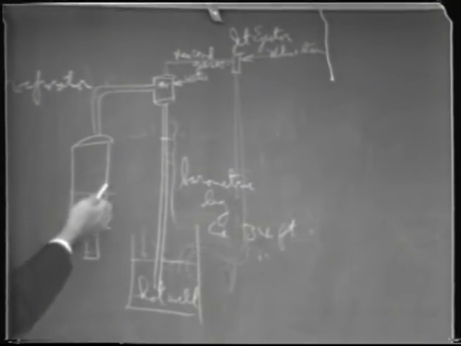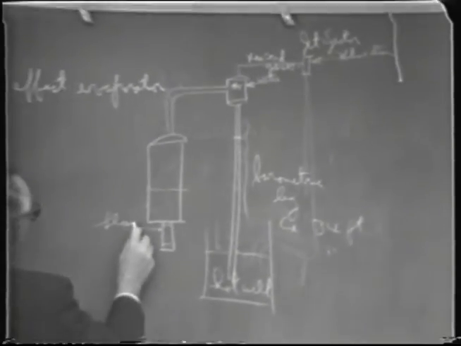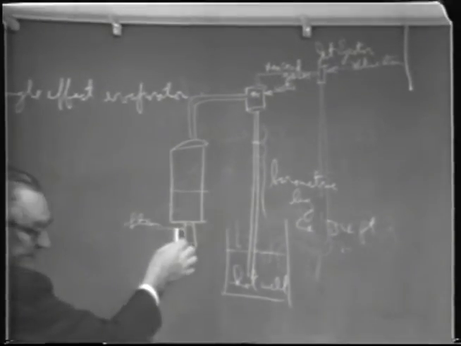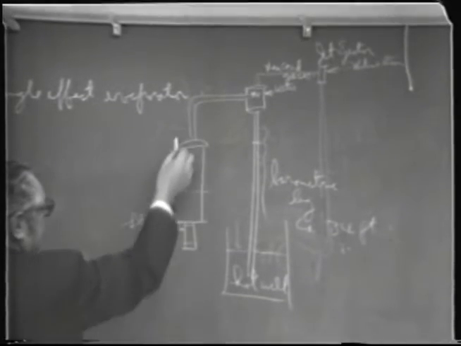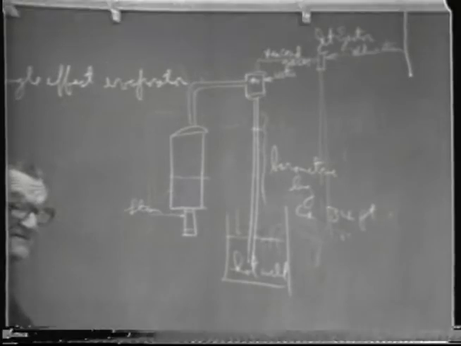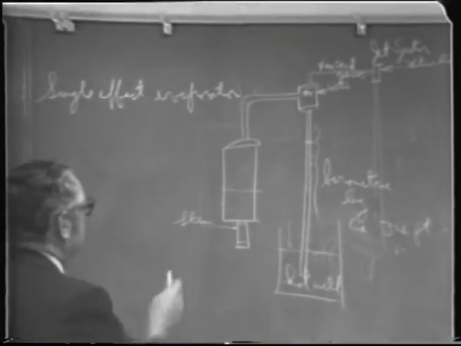Now, I didn't show any vapor recompression here, but if you put one of these ejectors over here and ran the steam through that and made a connection down to that, you'd have vapor recompression in this too, you see.